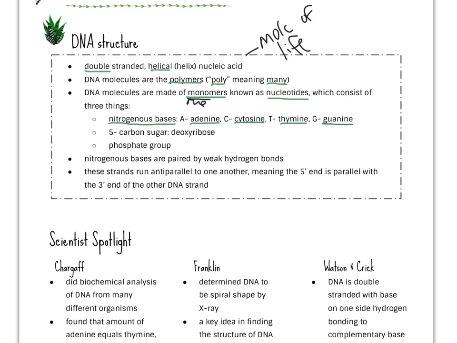The second thing making it up is the 5-carbon sugar, known as deoxyribose. So we've talked about other types of sugars, including glucose, we talked a lot about. So deoxyribose is just another type of sugar that goes into making up DNA, because if you remember, DNA stands for deoxyribonucleic acid.